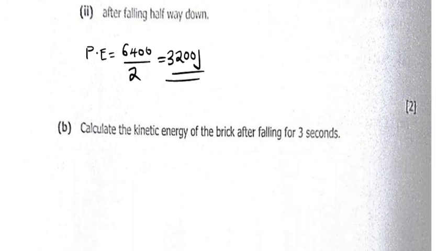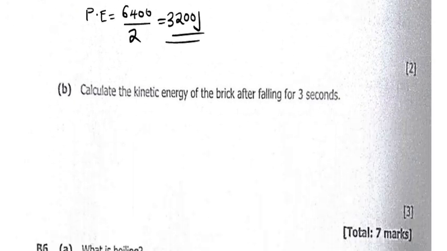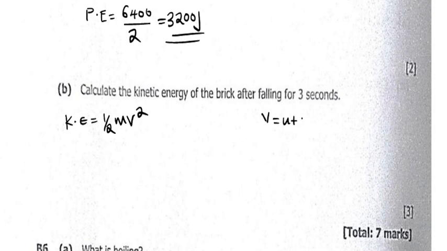Then part B, calculate the kinetic energy of the brick after falling for 3 seconds. Now kinetic energy is given by half mv squared. Do we have the mass? We have. Do we have the velocity? We don't have velocity. How do we find velocity? Velocity is equal to u plus at.